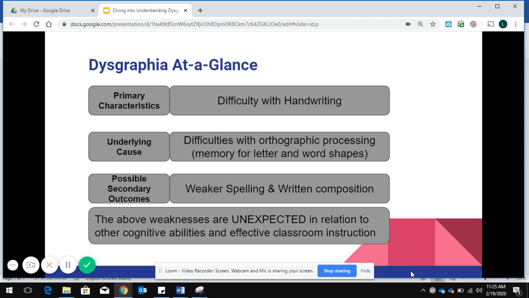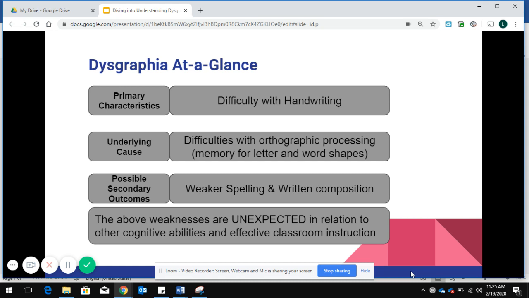Because they find writing very difficult, they avoid doing so or tend to get easily frustrated with any writing task or demand. Students with dysgraphia have great verbal abilities and tend to do very well in all other areas that do not involve handwriting. They avoid handwriting because it's very frustrating and a difficult task for them.